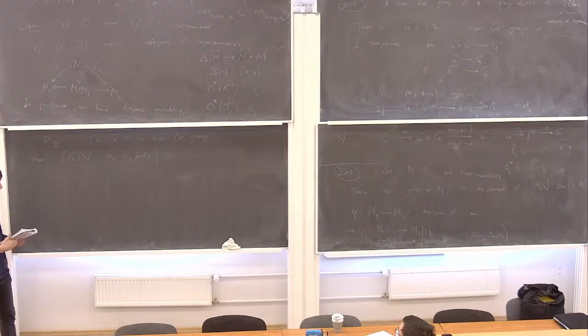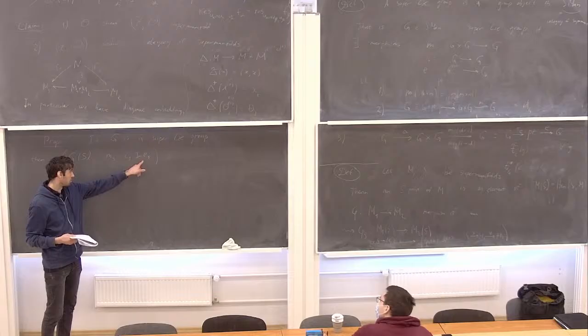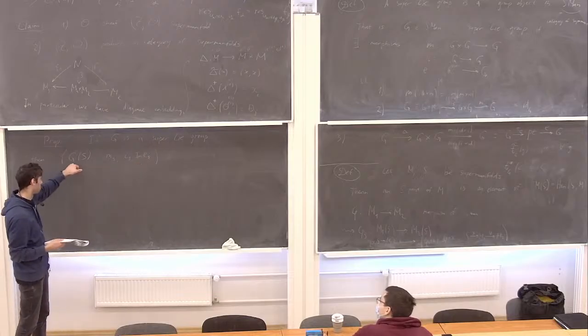This gives me a map from S to G. Image of identity S, and so this is a point inside here.